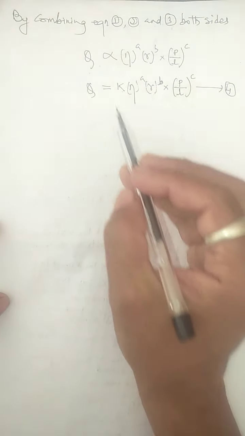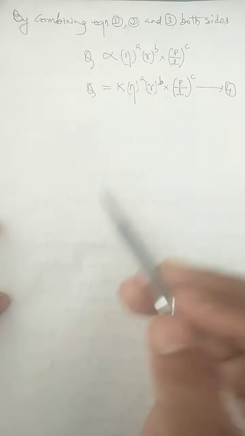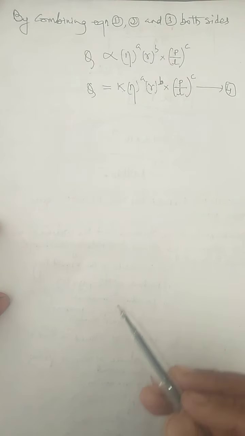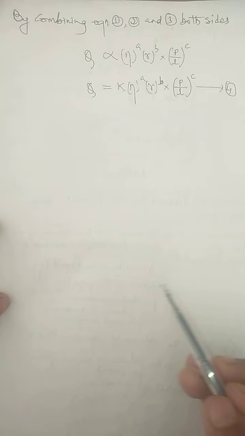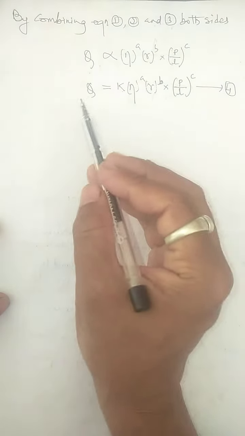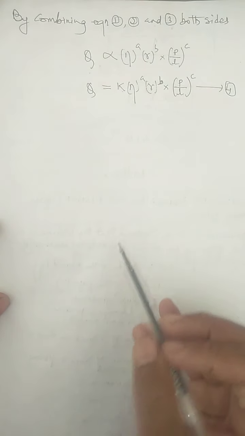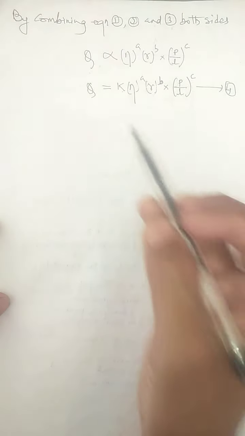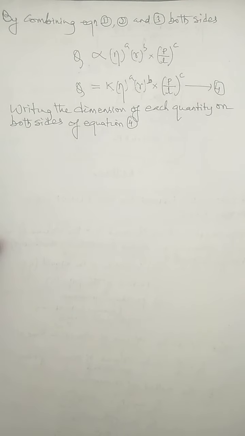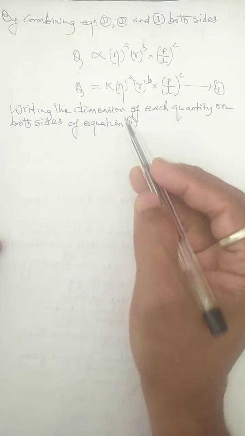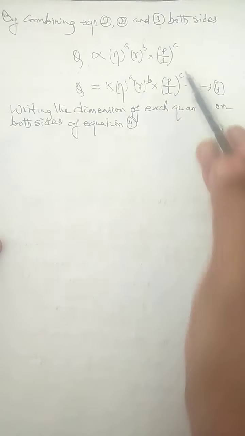So in this equation, K is a constant of proportionality. But we are deriving the expression of this Poiseuille formula by the method of dimension. So what I do, I write now the dimension of the equation for both sides. I put the dimension of each quantity on the left hand side and right hand side.